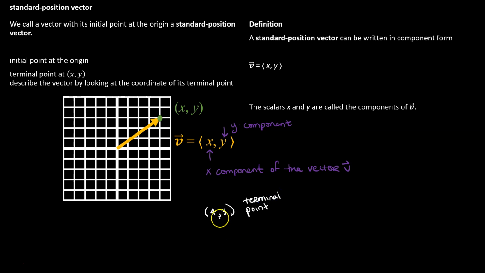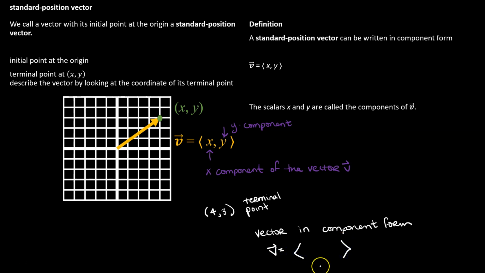And once I know what the terminal point is, then I can write the vector in component form. We write the name of the vector, so rather than writing initial point, then terminal point, I'll just write the name of the vector, which is v, with a little arrow on top, and then I would say that that's equal to the components.